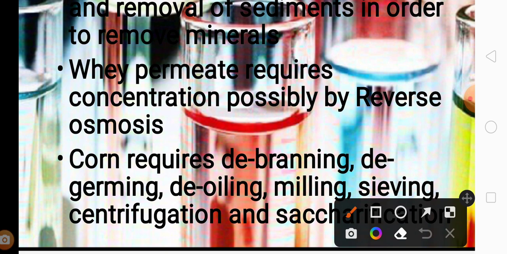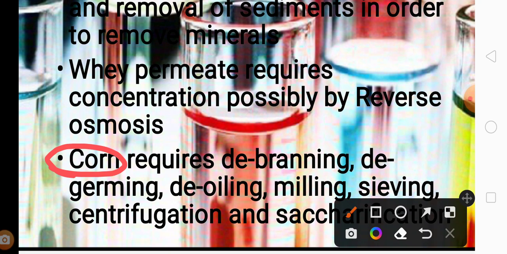For butanol production, corn also acts as a raw material. We have seen in our last two video lectures, on the production of ethanol and citric acid, that corn has been a constant raw material for these products, right?